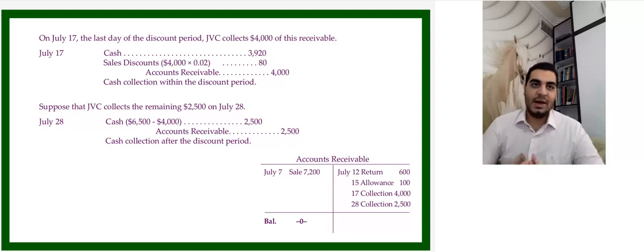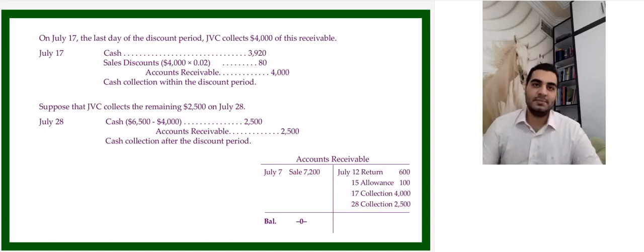So our cash is debited for $3,920, and our sales discount, the 2%, is deducted from the accounts receivable. It's $80. So our accounts receivable, which was $4,000, is credited in the end. Suppose that GVC collects the remaining $2,500 on July 28th. So our cash is debited for $2,500 and our accounts receivable is credited for the same amount.